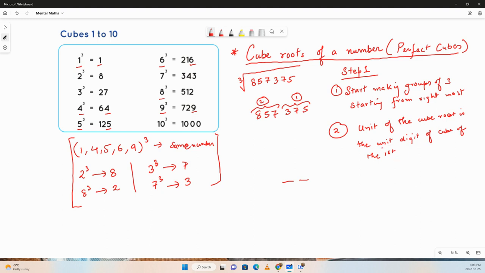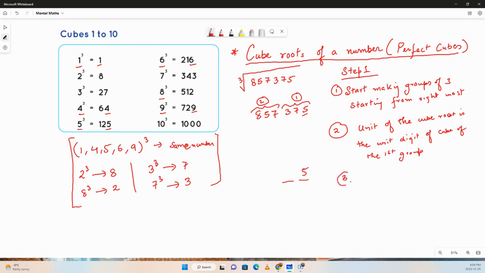Here we have 5, and as we know, 5 cube ends with 5. So the unit digit would be 5 in this case.